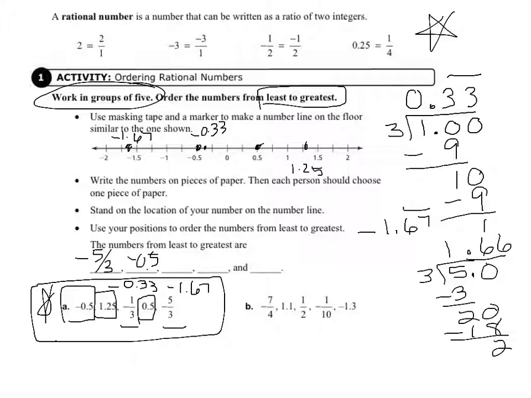And then our negative 1/3. And then 0.5, and finally 1.25. So in class, that's what we're going to be doing with the rest of these, is you're going to be working with a group and turning these into decimals, putting them on a number line, and then placing them in order from least to greatest.